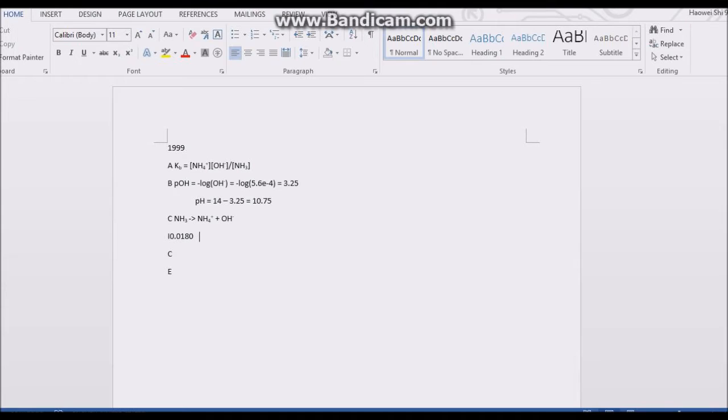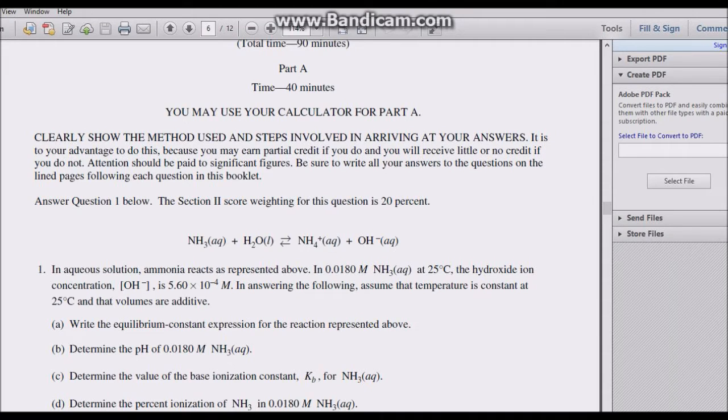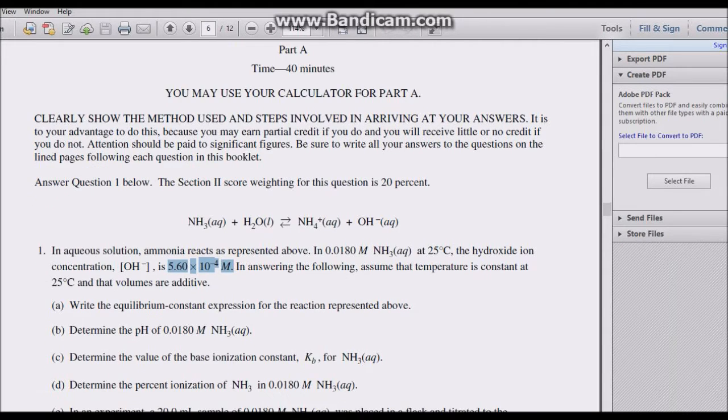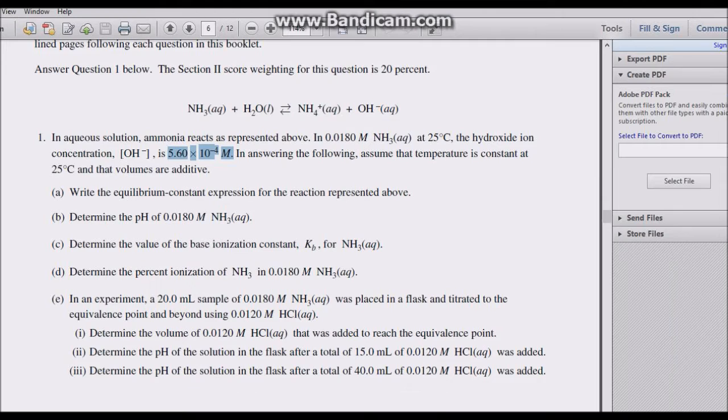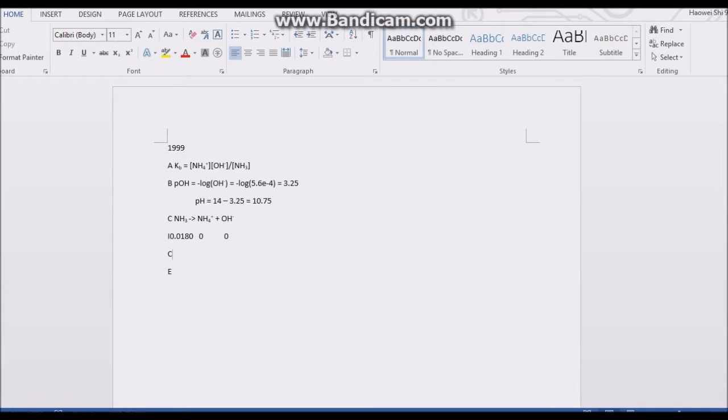For both NH4 and OH, since at the initial point of the reaction there is none produced, we're going to put 0. In the final solution, the OH minus concentration is 5.6 times 10 to the negative 4th molar. So on the C step, we write minus 5.6 times 10 to the negative 4th.